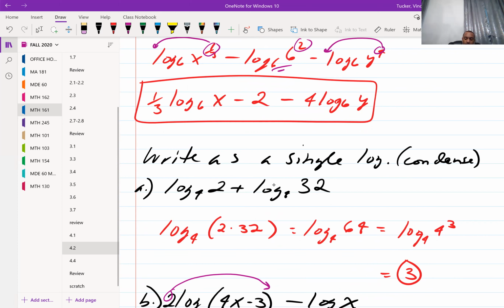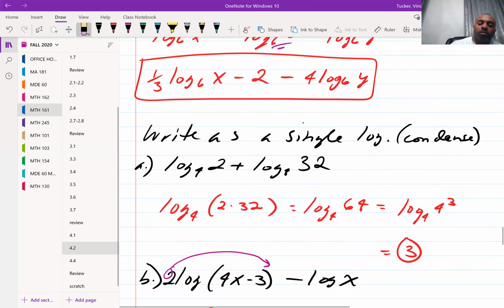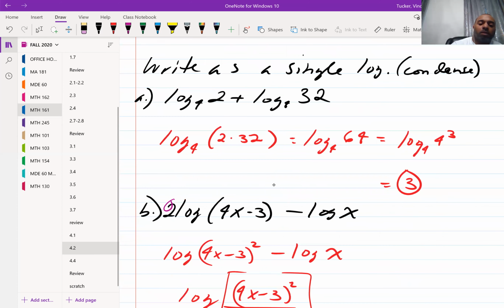Make sure we're okay. All right. So the next one, 2 log of 4x minus 3 minus log x.